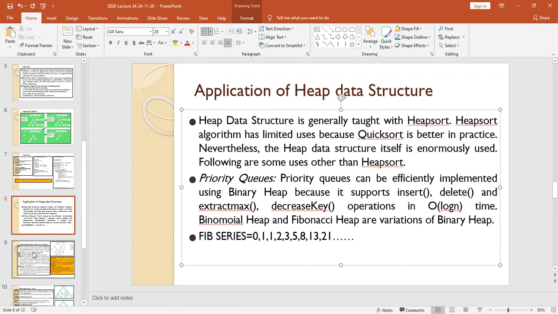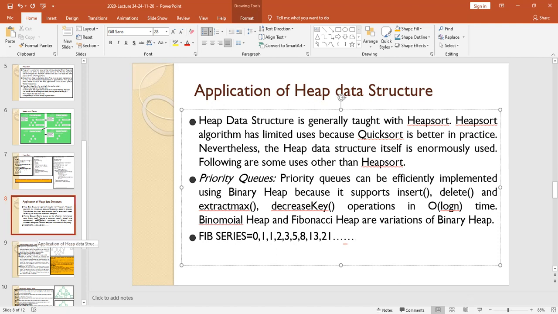Those are the applications. One application is the priority queue, where using heap we can do insertion, deletion, and key operations in log n time. It is also used in binomial heap and Fibonacci heap. These are the applications of heap data structure.